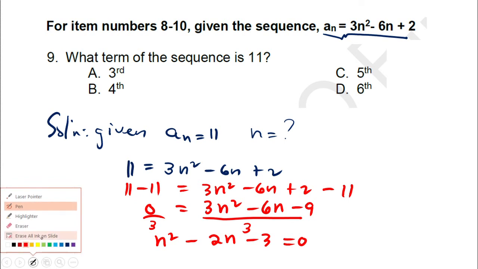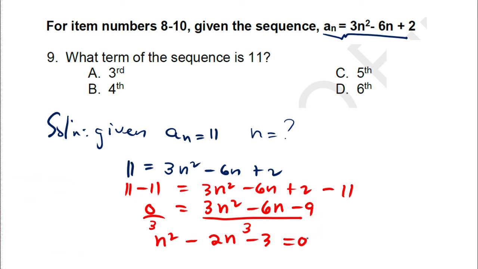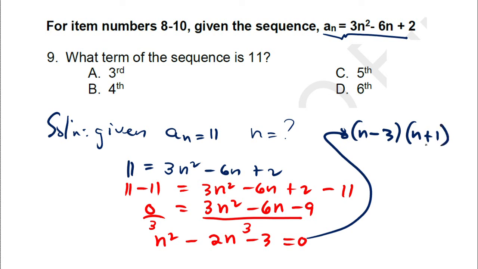By using the factoring method, we can factor this out. So we get n minus 3 times n plus 1. Using the zero product property, n sub 1 is equal to 3 and n sub 2 is equal to negative 1.